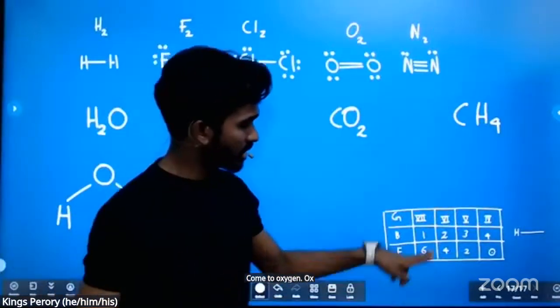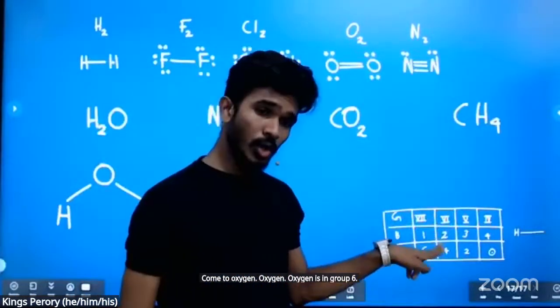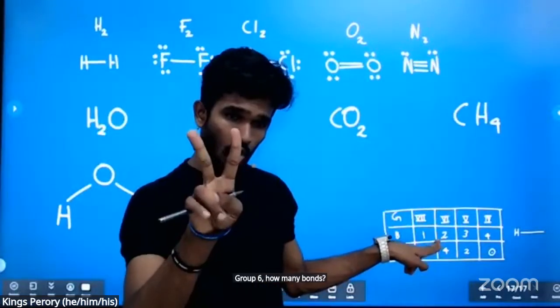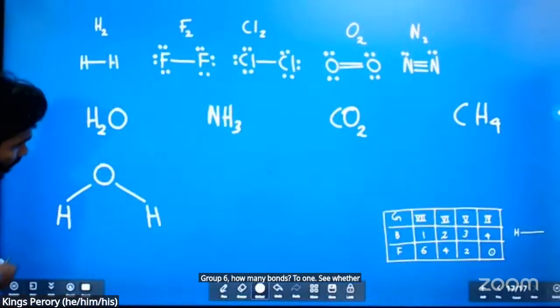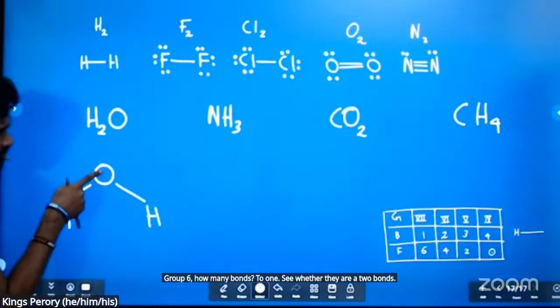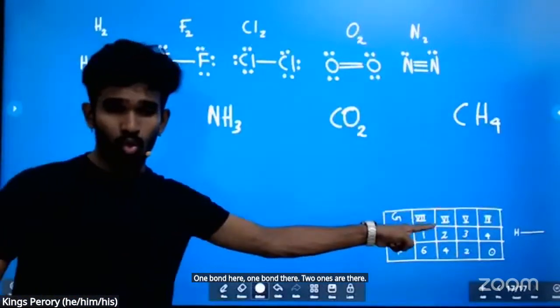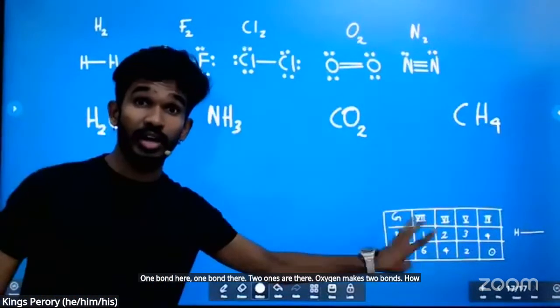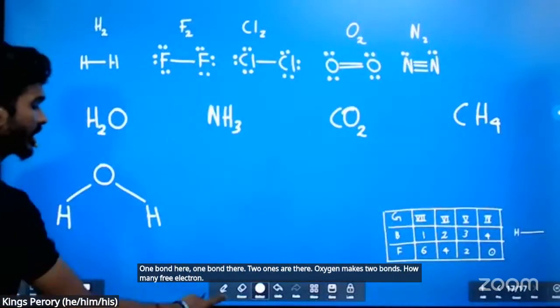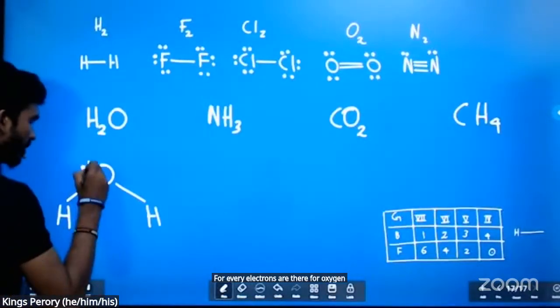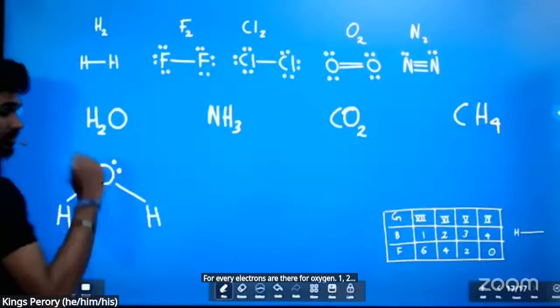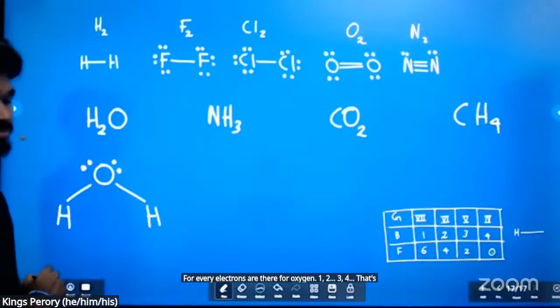Oxygen is in group 6. How many bonds? 2 bonds. 1 bond here, 1 bond there. Two bonds are there. Oxygen makes two bonds. How many free electrons? Four free electrons are there for oxygen. One, two, three, four. That's the structure of water.